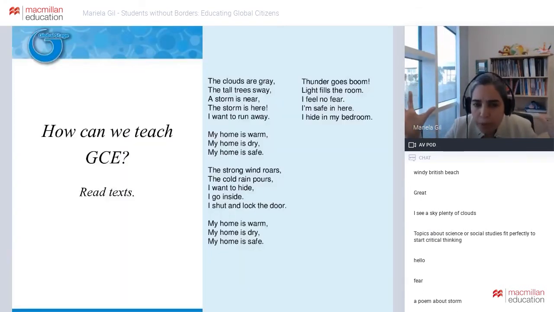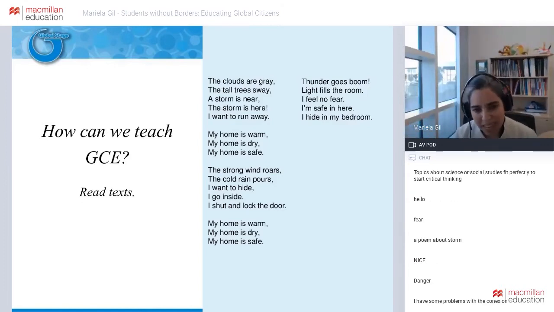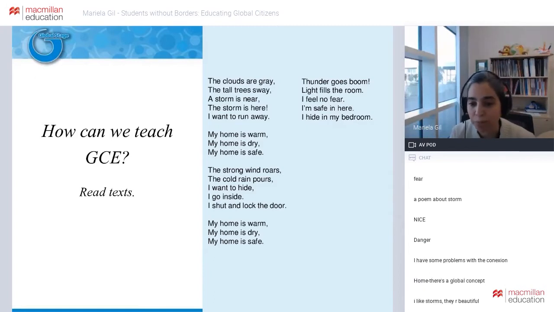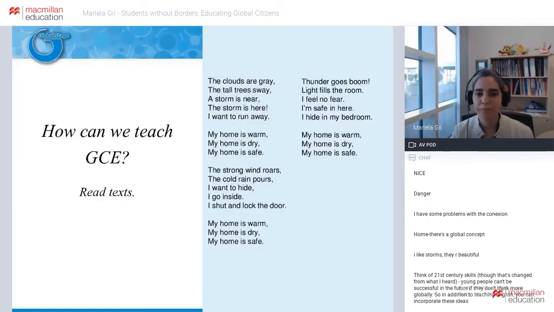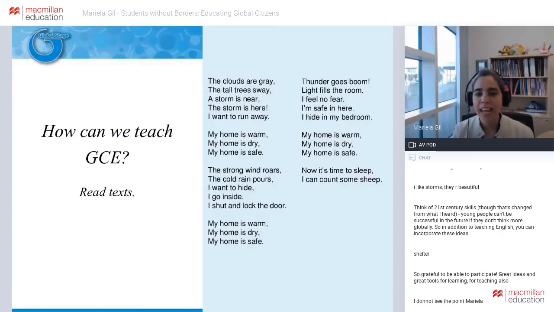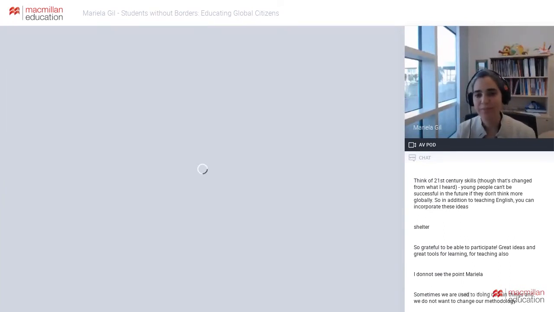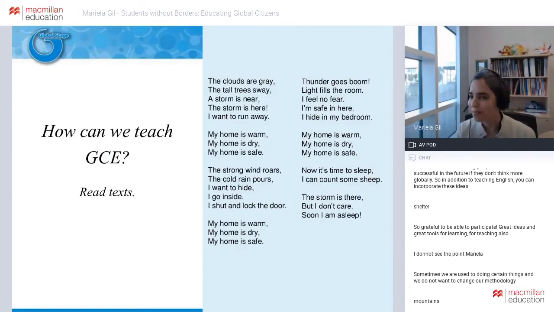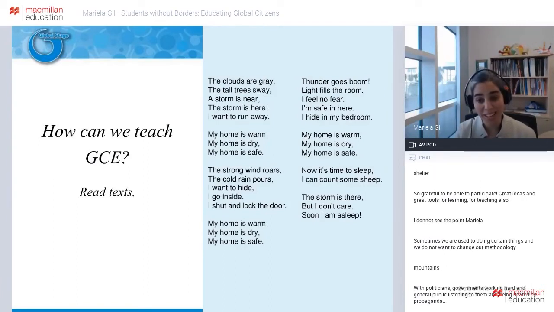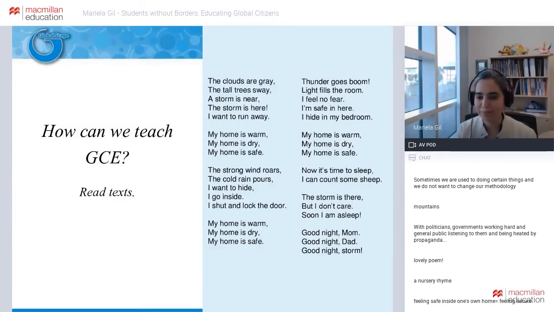Thunder goes boom, light fills the room. I feel no fear, I'm safe in here, I hide in my bedroom. My home is warm, my home is dry, my home is safe. Now it's time to sleep. I can count some sheep. The storm is there, but I don't care. Soon I am asleep. Good night, Mom. Good night, Dad. Good night, Storm.